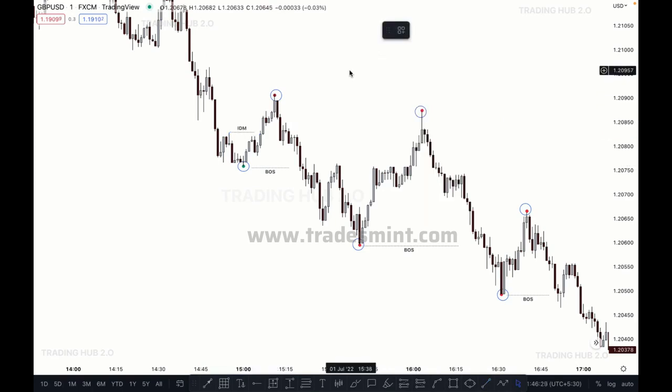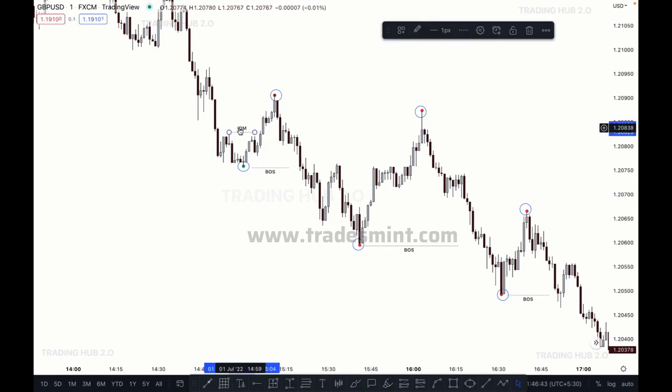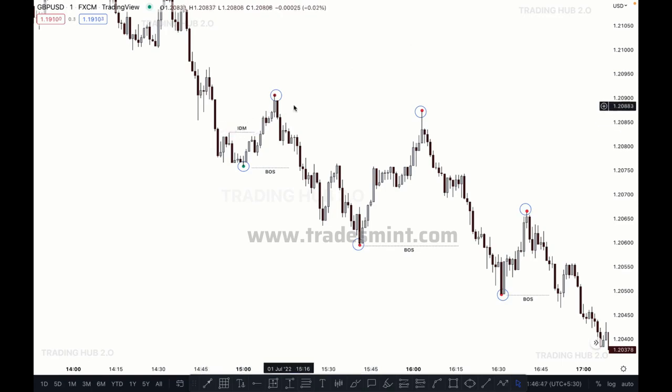Remember one thing to identify inducement: the first most recent high or low acts like an inducement, and the extreme high or low acts like engineering liquidity. This is the first recent high. I'm talking about internal structure, not major structure.